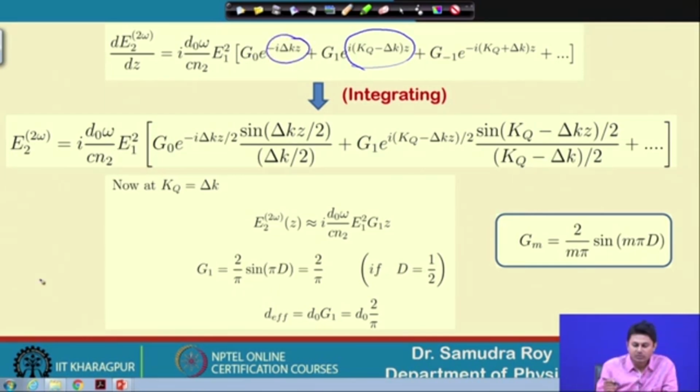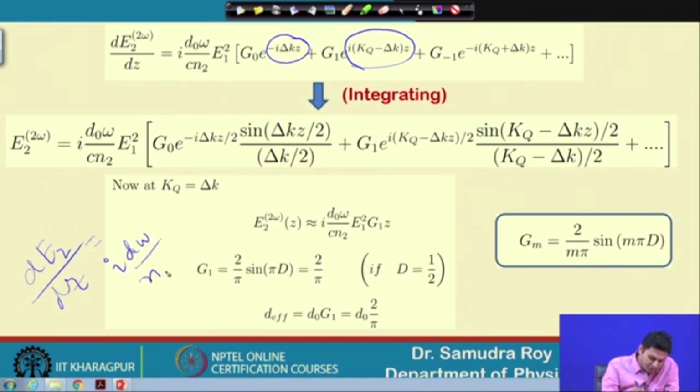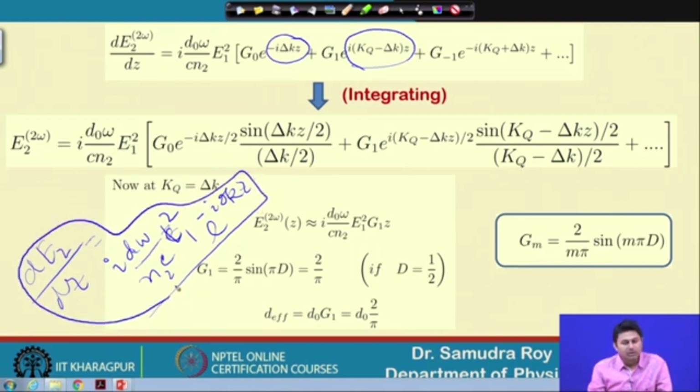If I forget about the quasi phase matching term, if I write only the second harmonic generation term E2, this differential equation term was initially i d of omega divided by n2 c times E1 square, and the phase term was e to the power of minus i delta k z. This was the term that we have without any kind of periodicity. D was only a constant term.